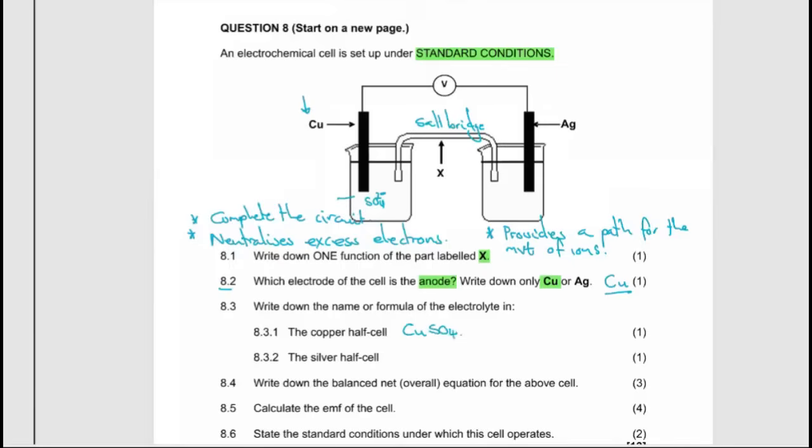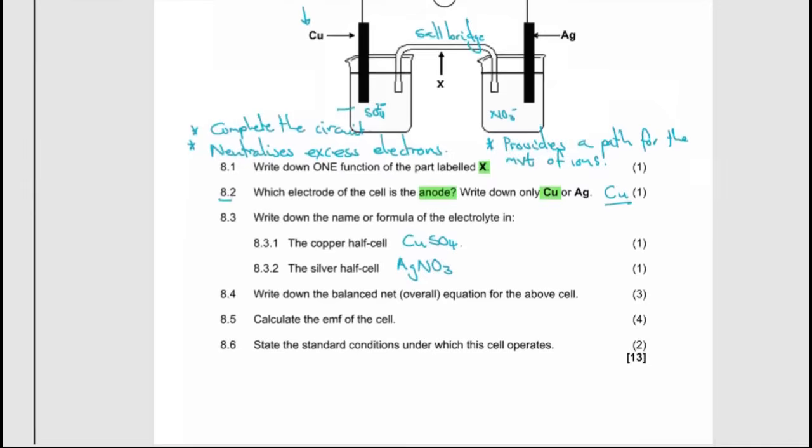And then the silver electrode: if we use nitrate, NO3 negative, then this one is going to be our silver nitrate, AgNO3. So we're going to have our nitrate then.